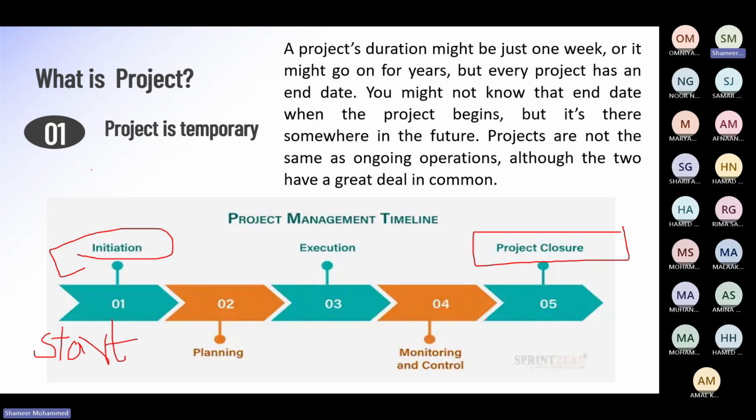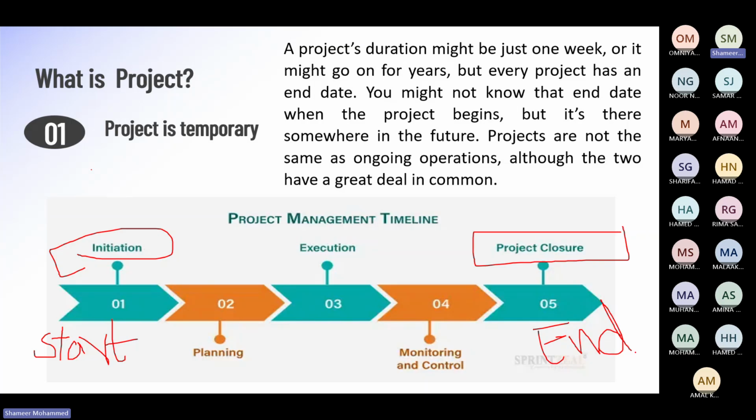Start date and end date. Every work you take, whether it is IT, non-IT, or in your home you are doing some work, everything will have a time. Start of the project, end of the project.